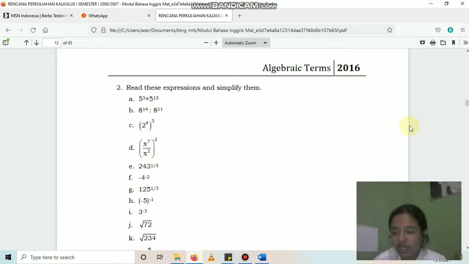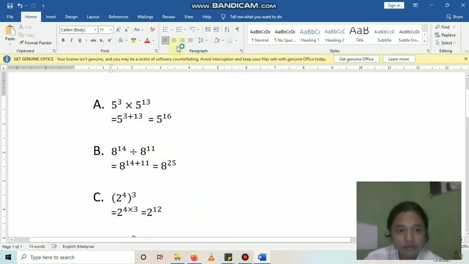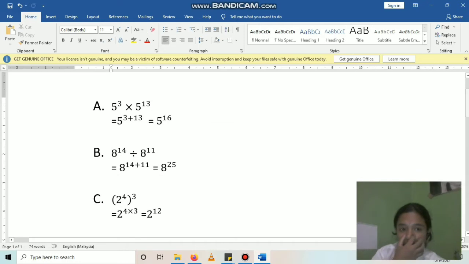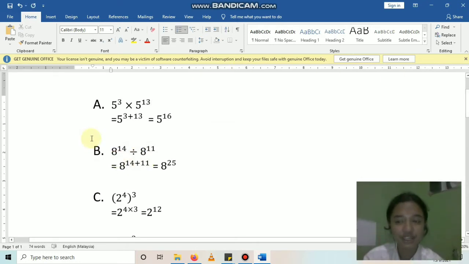Second, I will explain to you how I get the answer. First, 5 cubed times 5 13 equals 5 to the power of 3 plus 13 equals 5 to the power of 16.